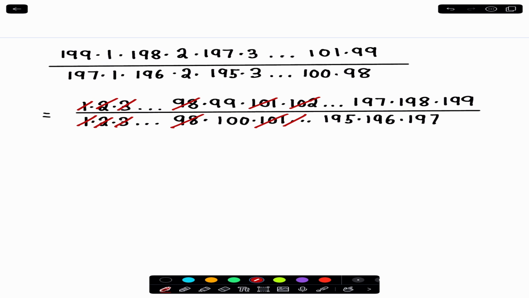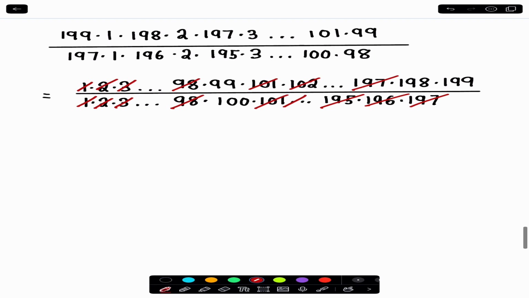And basically all the numbers until 197 will go away. Now, this 198 and 199 on top has no 198 and 199 on the bottom to pair itself up with. So that just stays there.